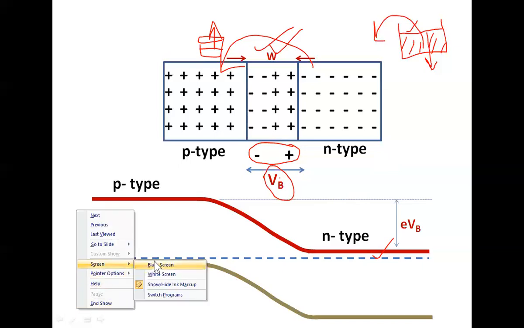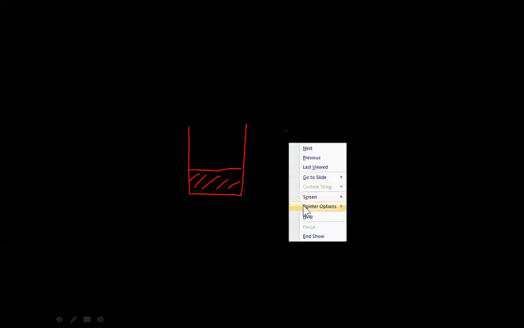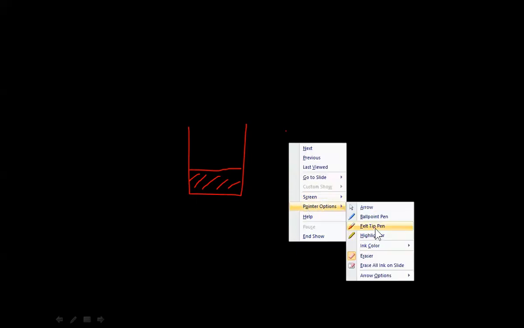Let us take a classical analogy for understanding purposes. Let us consider there is a beaker, and in this beaker the water level is up to here. There is also another beaker where the water is present a little bit more.